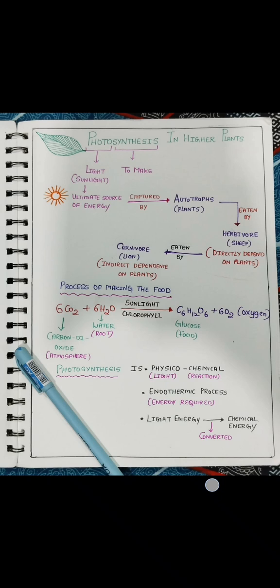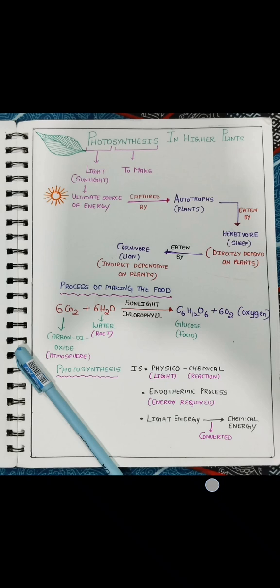Physio means something physically happening. For example, the sunlight is falling on the leaf. That is the physio process. And chemical means the chemical reaction which we have just seen. So that is the physiochemical process.